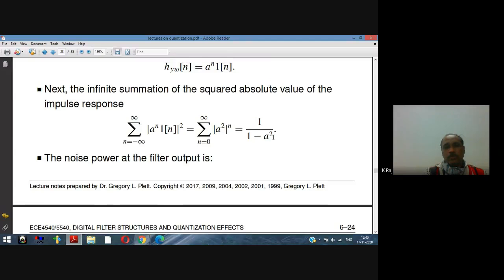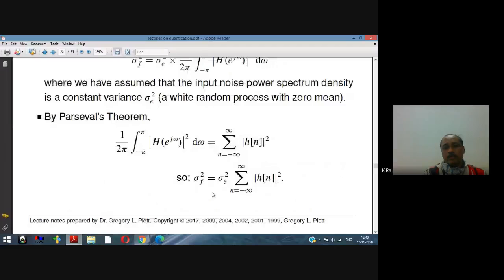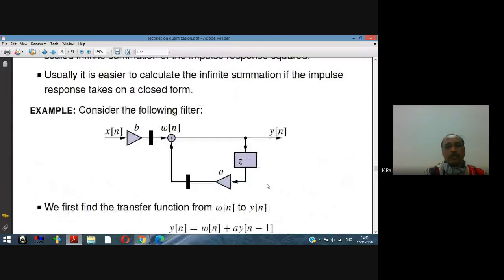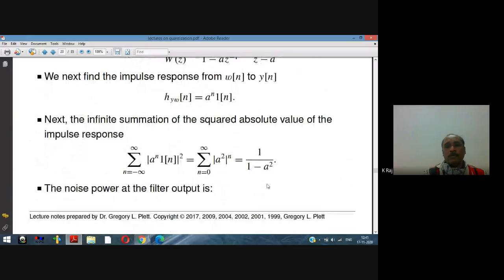Why are we calculating this? Because we have to find the relation for σf². It is σe² multiplied by the summation of h[n]² from minus infinity to plus infinity, and this second term, the summation of h[n]², becomes 1/(1 − a²) here.